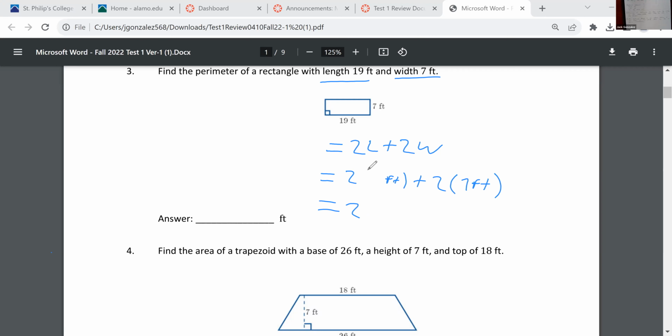Okay. L is 19. 19 times 2, what is that? 38.